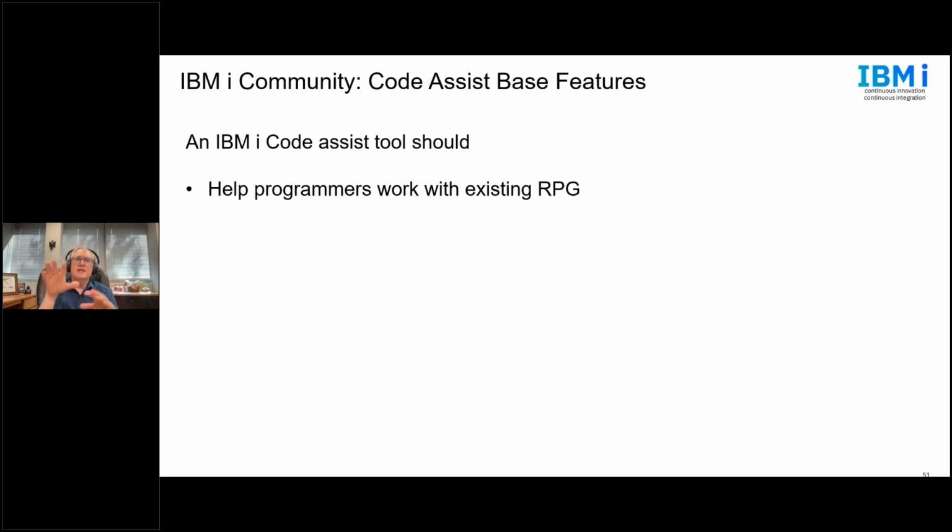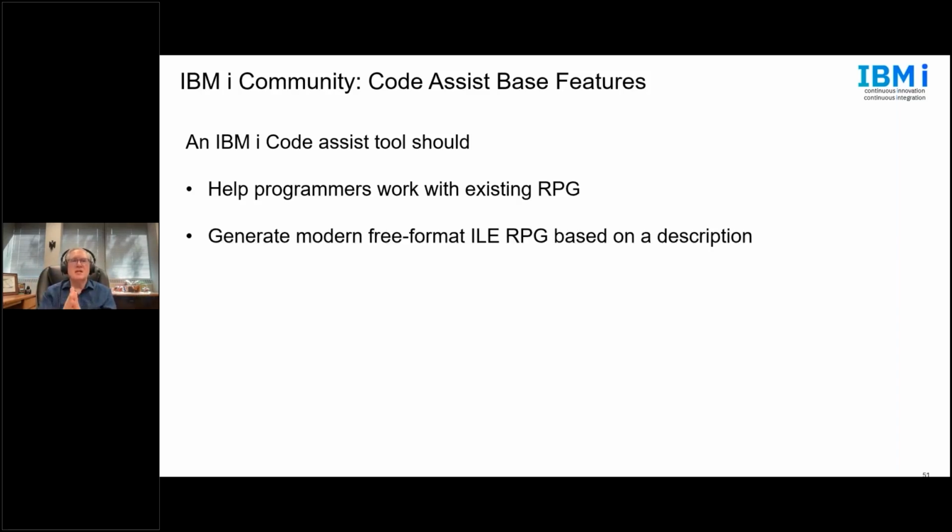Give them a tool, in addition to the tools you already have, that makes it easier, particularly if when they're using the tool, they can say create free format ILE RPG based on an English description, so that programmers who may know some other language can come in and say, I want a subroutine that does this, and it sees how the tool generates RPG code. And they say, I see how we do that in RPG.